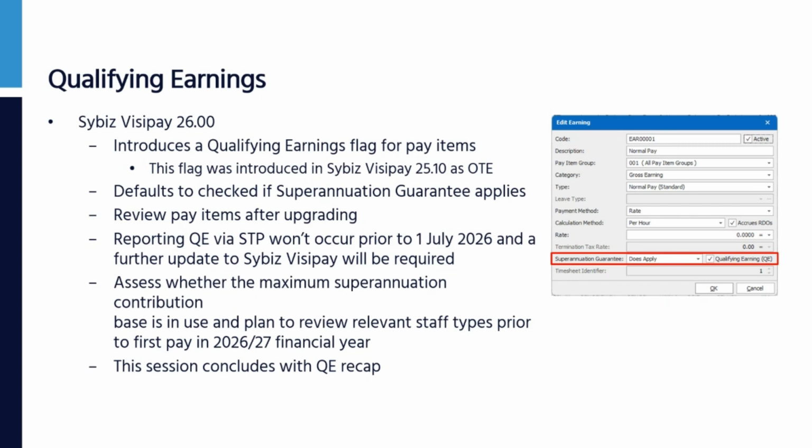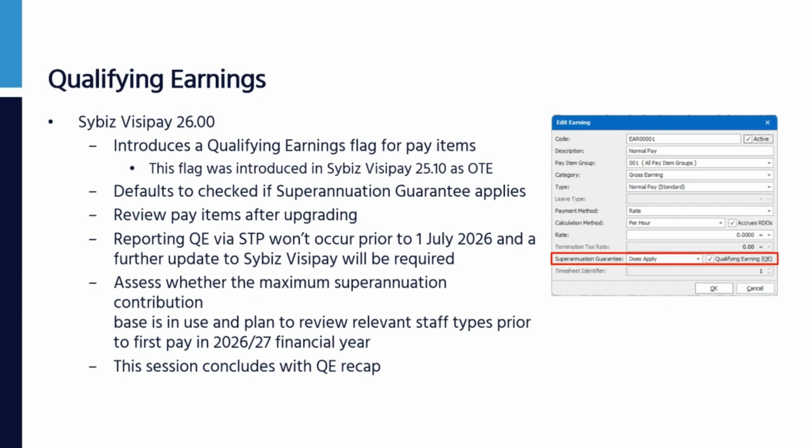And so in most cases, that'll be 100% correct. But if you do some things like pay super on items that you don't need to, you may want to make some changes there to your pay items. So it'd be a good time to sort of review your pay items as well.